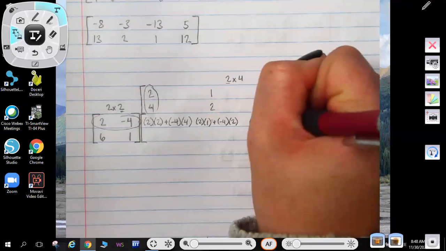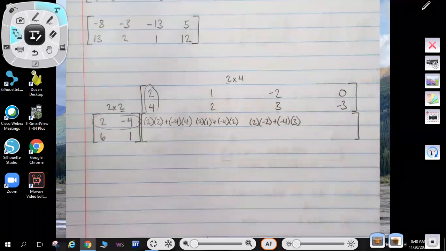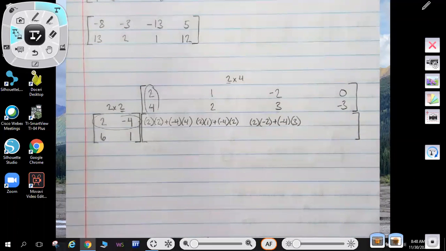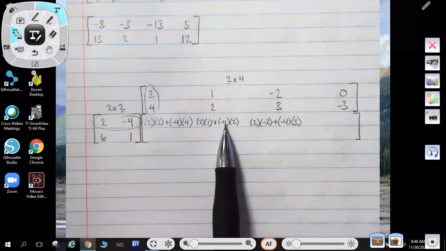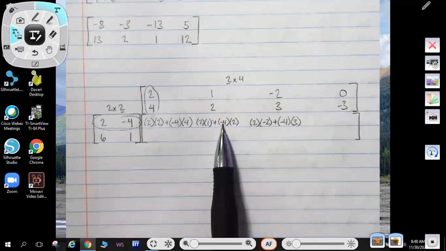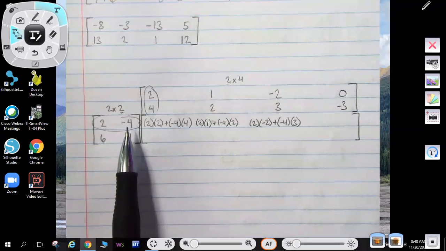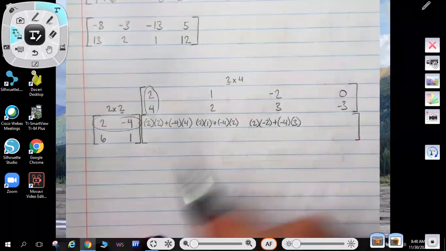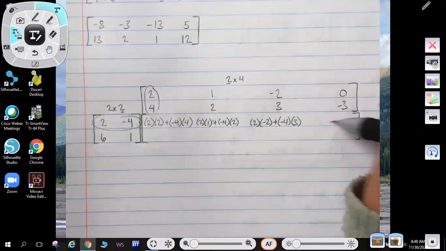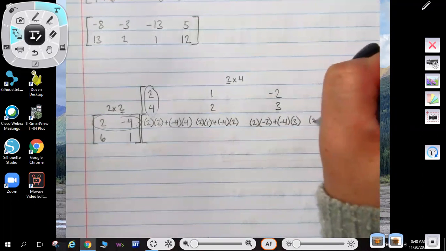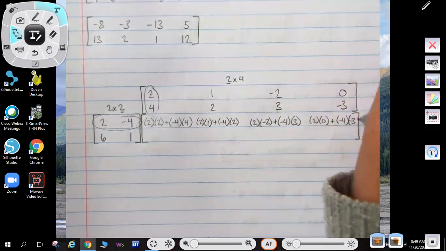So we have 2 times -2 plus -4 times 3. So again, we can notice the pattern. 2 and -4 are the numbers that come first in each one of these products. 2 and -4, 2 and -4, 2 and -4. That's because we're using this first row for each one of these. The second numbers are coming from the columns that are right above it. So first row, fourth column, we have 2 times 0 plus -4 times -3.